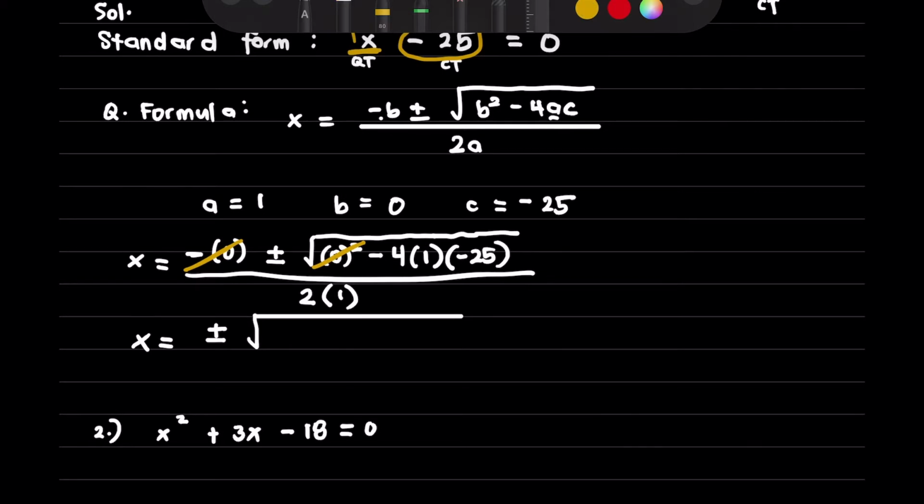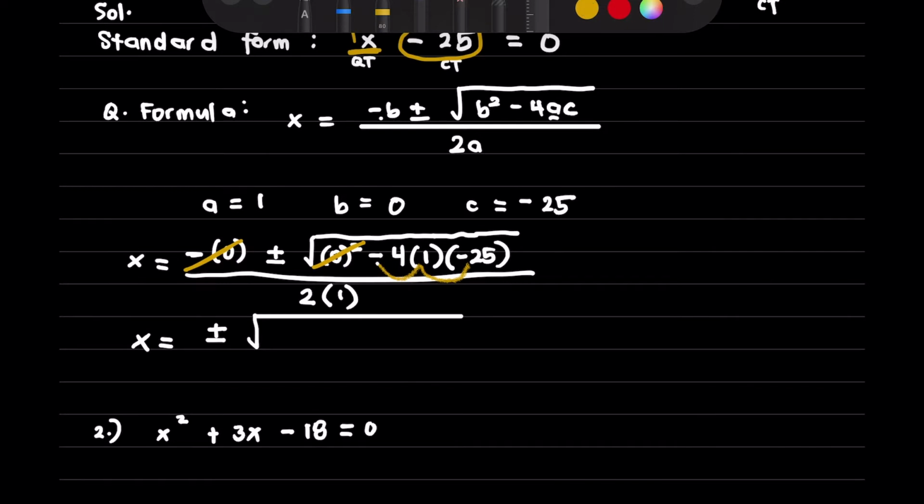Next is magmumultiply tayo. So, bago kayo mag-multiply, multiply nyo muna yung mga sign. So, negative times positive, that's negative. Times negative, that is positive.